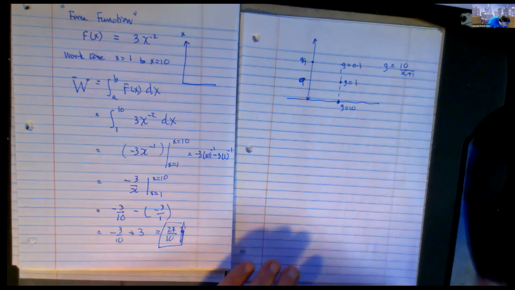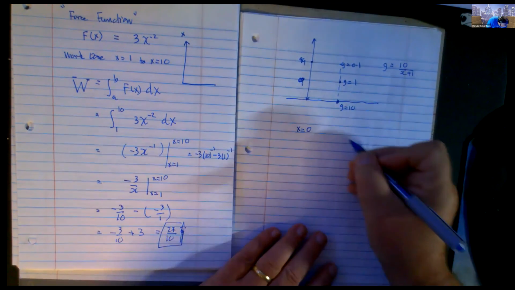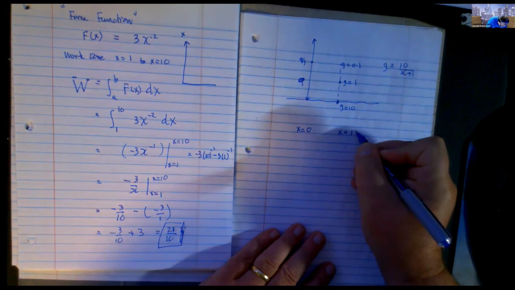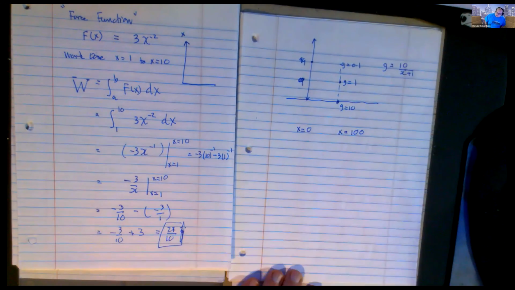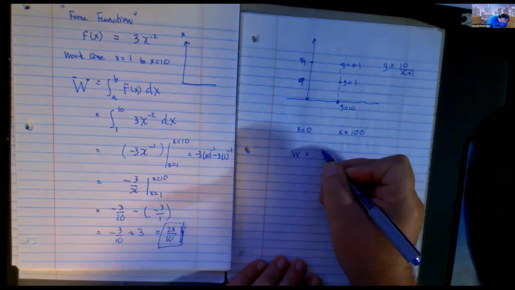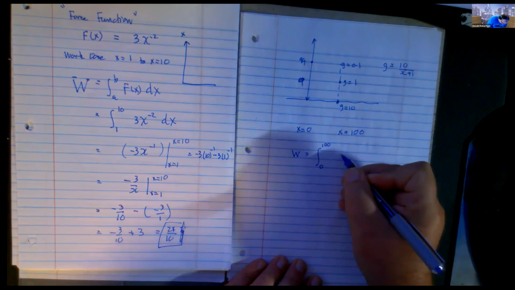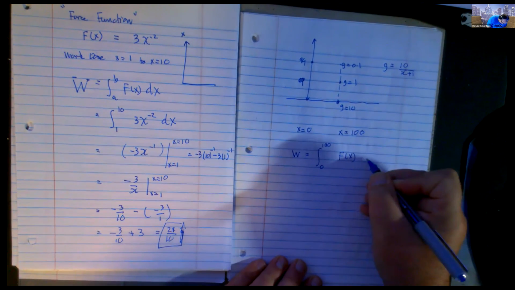So suppose I had an object at position 0, it's on the ground, and it's going to travel, say, 100 meters into the air. Then what would the work done to make that happen? Well, it would be the integral from 0 to 100 of the force function dx.